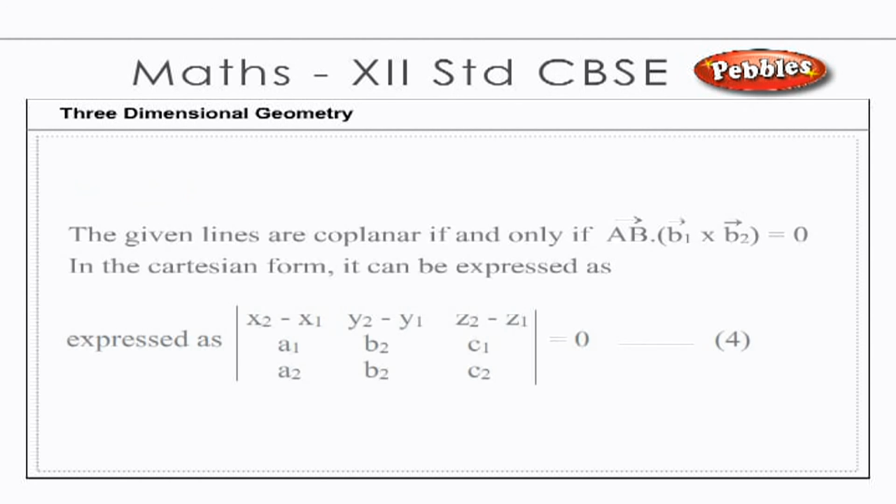The given lines are coplanar if and only if AB · (B1 × B2) = 0. In Cartesian form, it can be expressed as |x2 - x1, y2 - y1, z2 - z1; a1, b1, c1; a2, b2, c2| = 0. Equation 4.